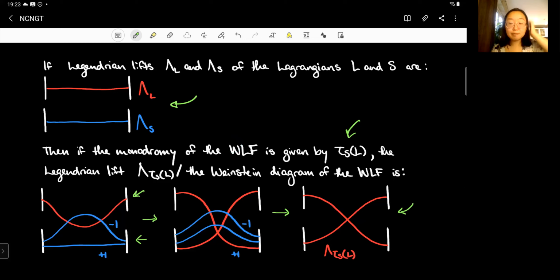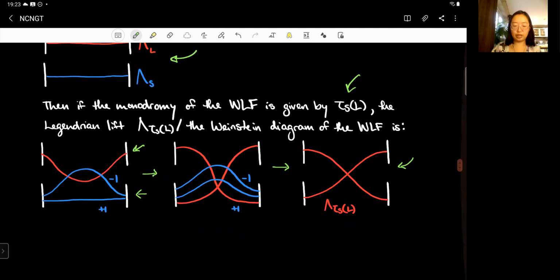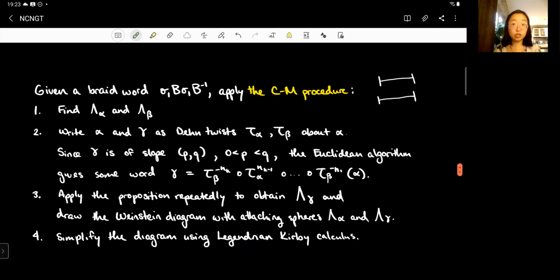So basically, what this proposition of Casals and Murphy tells us is a way to translate Dehn twisted curves into a Weinstein diagram. In their paper, they outline a procedure, and I'm going to state the relevant steps of the procedure in this case.